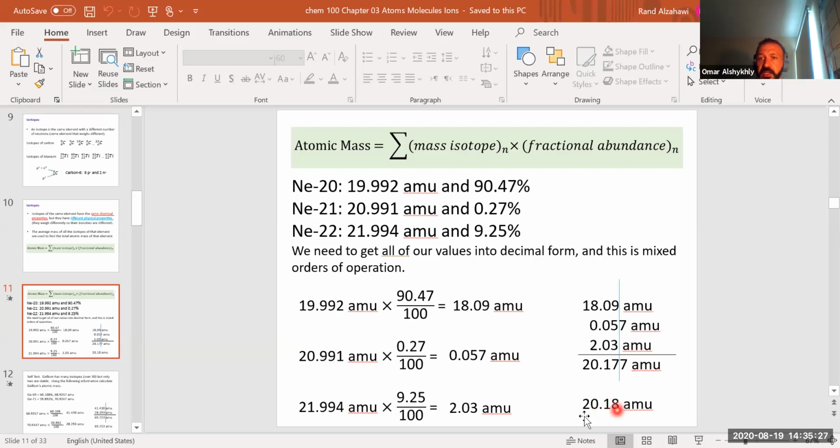But this is how we calculate the average atomic weight for all the atoms. You will do this calculation. Of course, you will know which isotope, what is the mass of that one, and what is the percentage. Of course, we have something called the mass spectrometer that helps us calculate the mass of that element or isotope and the percentage, okay?